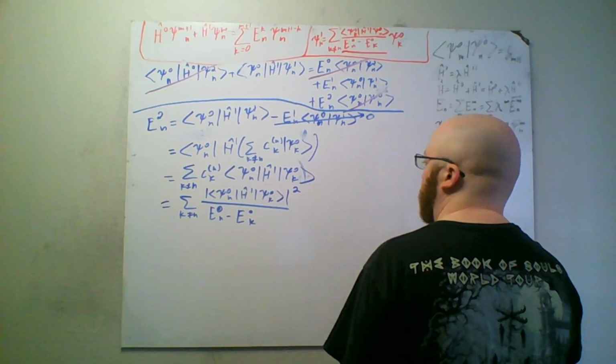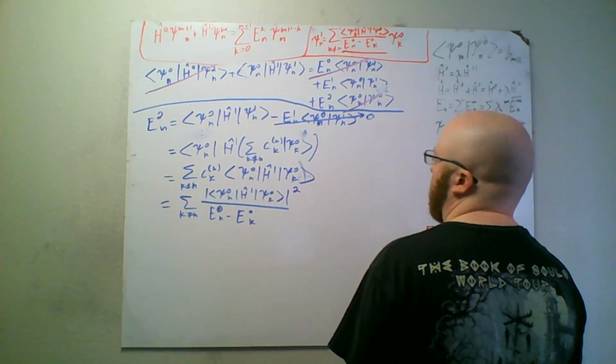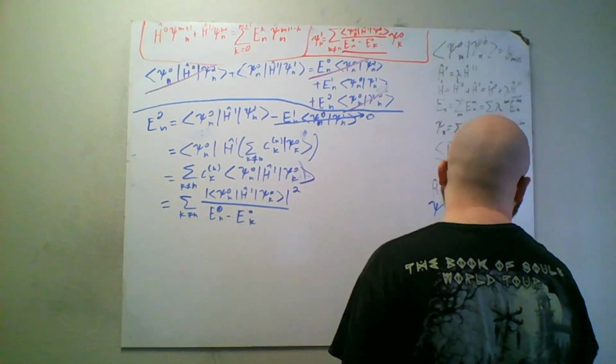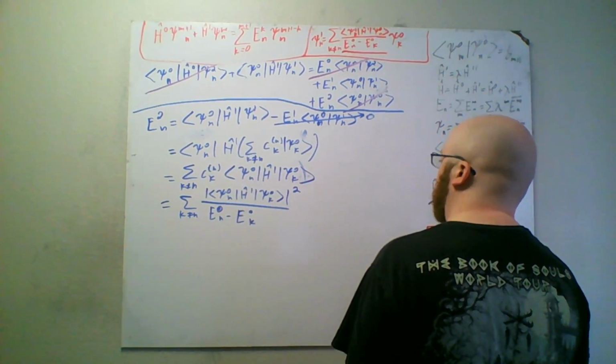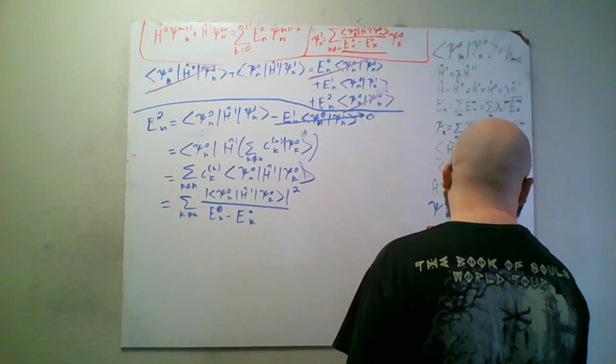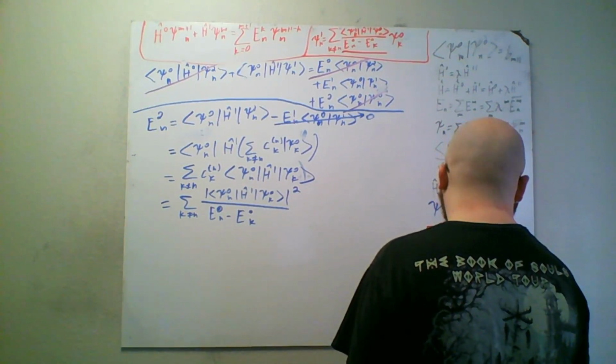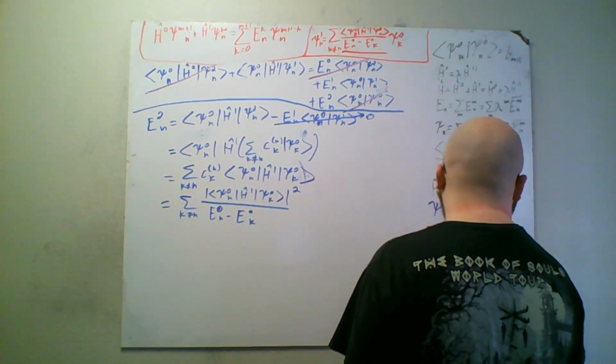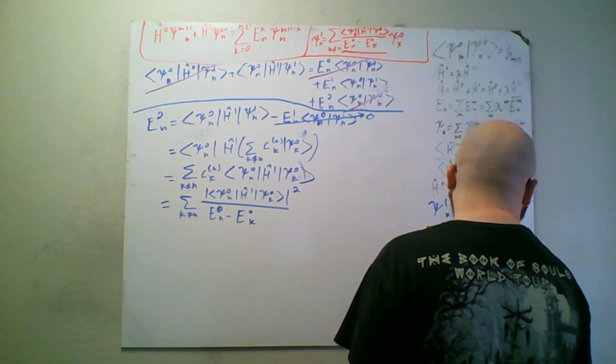There's some variation there, sorry. I thought for a second I could plug an E1 in there, but n and k are different. So, H prime psi 0k squared, all that divided by E0n minus E0k.